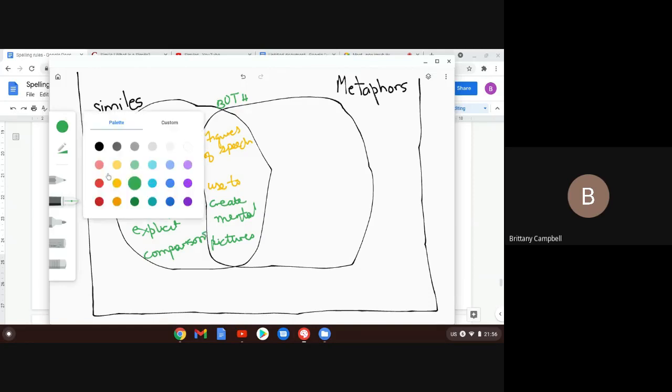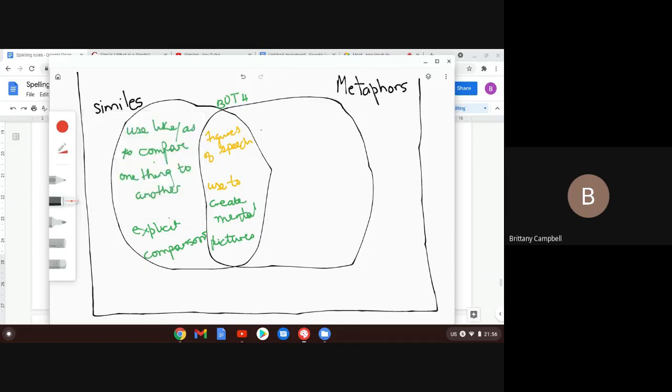Not a problem. All right, so how about metaphors then? So compares without use of like or as. So compares without like, like or as, slash as.